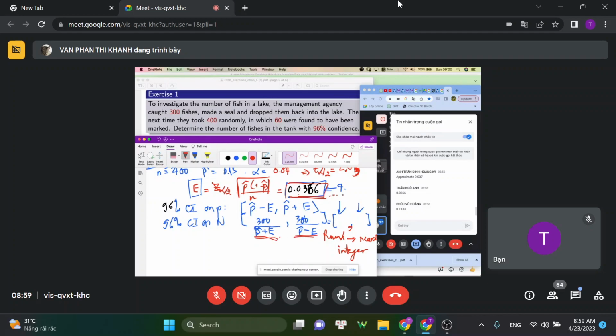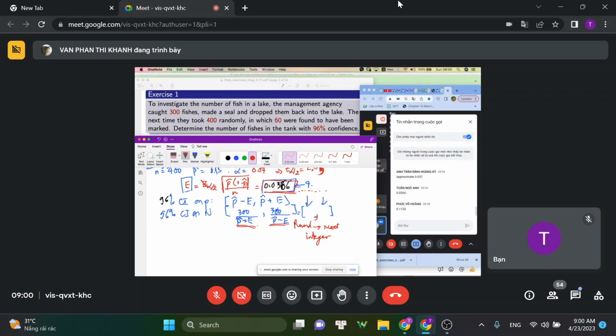So please use the long format here, like in a big question. For example, in the examination, I will have a big question, and in each question I will have sub-questions A, B, C, D, right? First I want you to find the error, so there you round it.